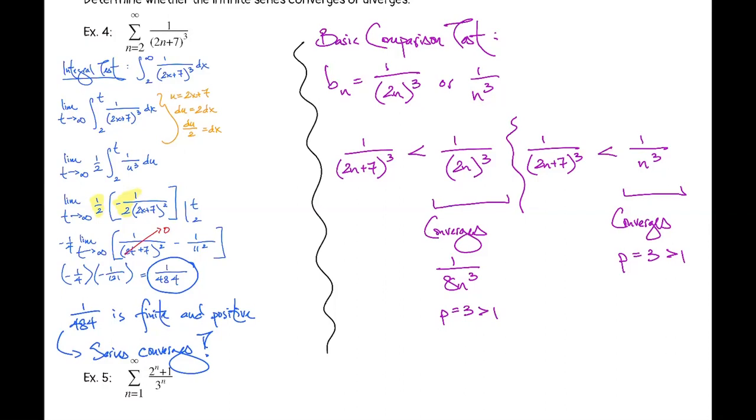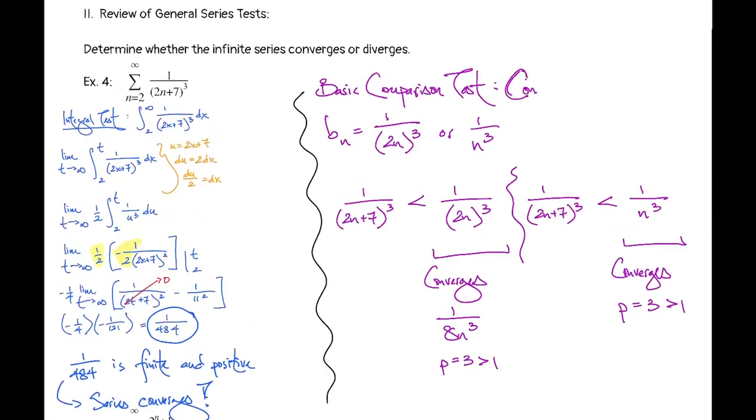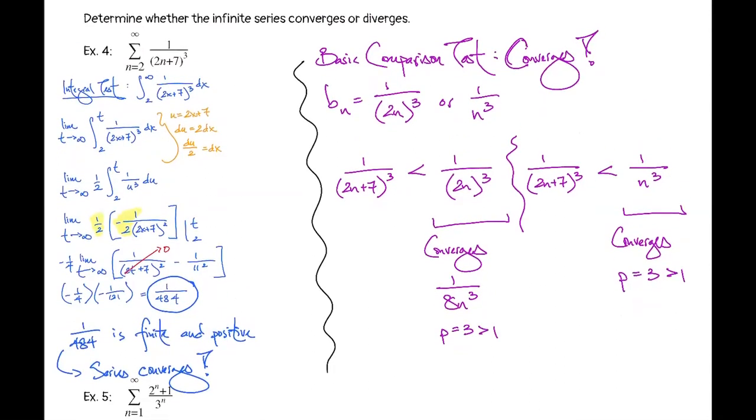And both of those options converge, therefore our original function also converges. So we compared them, we established a relationship, and we're able to draw a conclusion from that relationship. And the good news is our result from the integral test and our result from the basic comparison test tell us the same thing.